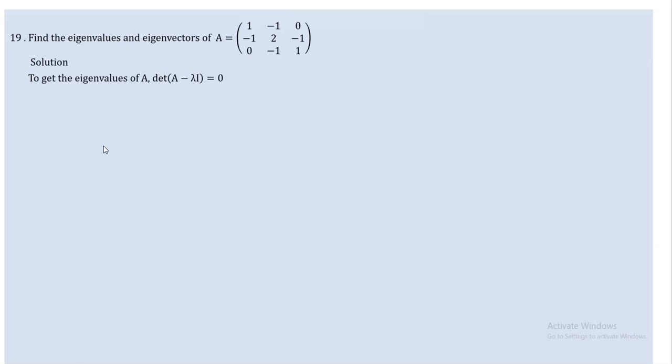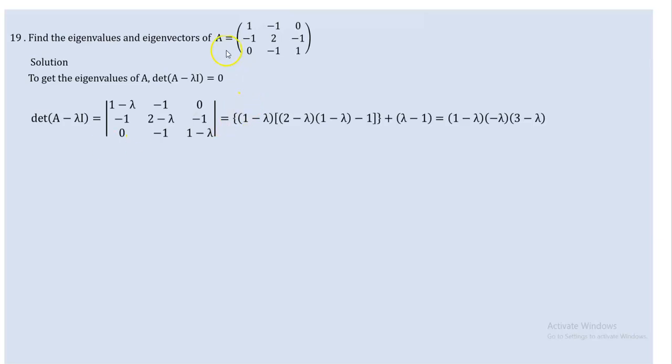First, we have to know that the eigenvalues are obtained using the characteristic equation, determinant of A minus lambda I is equal to 0. As I tried to explain before, determinant of A minus lambda I is the determinant of the matrix obtained by deducting lambda from the diagonal entries.